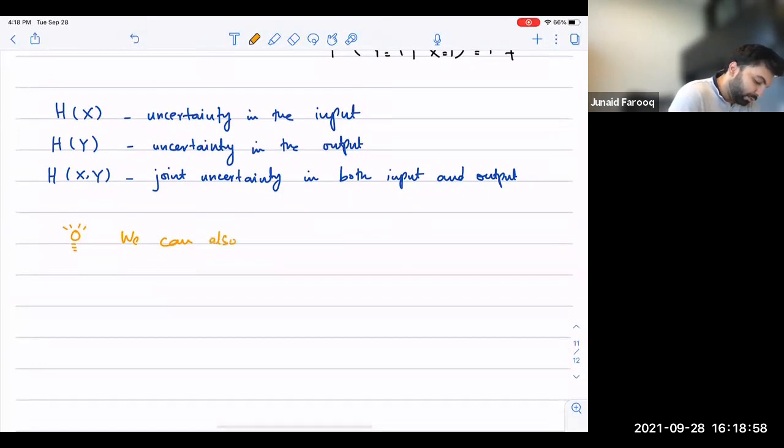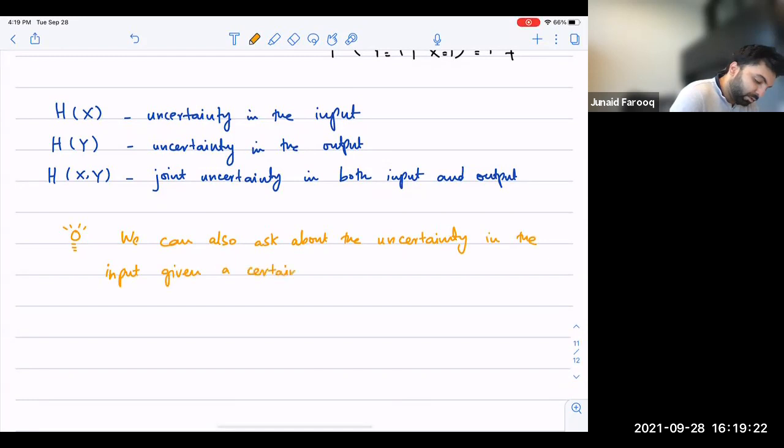So we can also ask about the uncertainty in the input given the output.